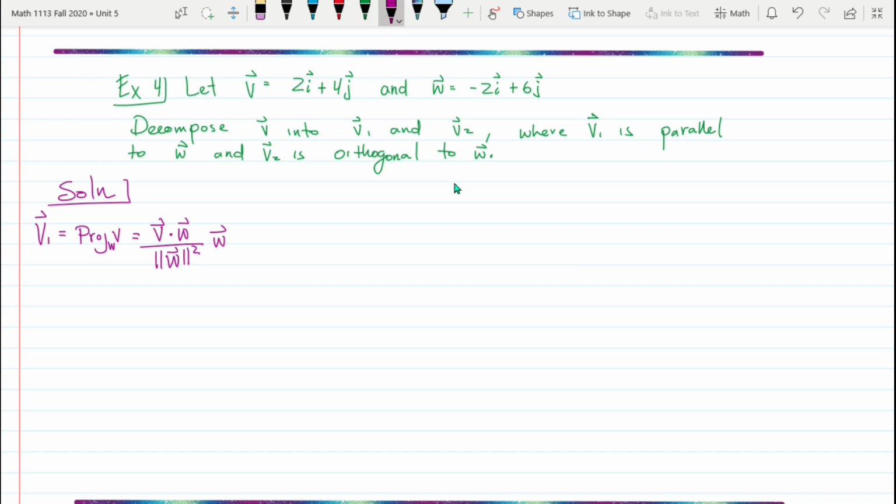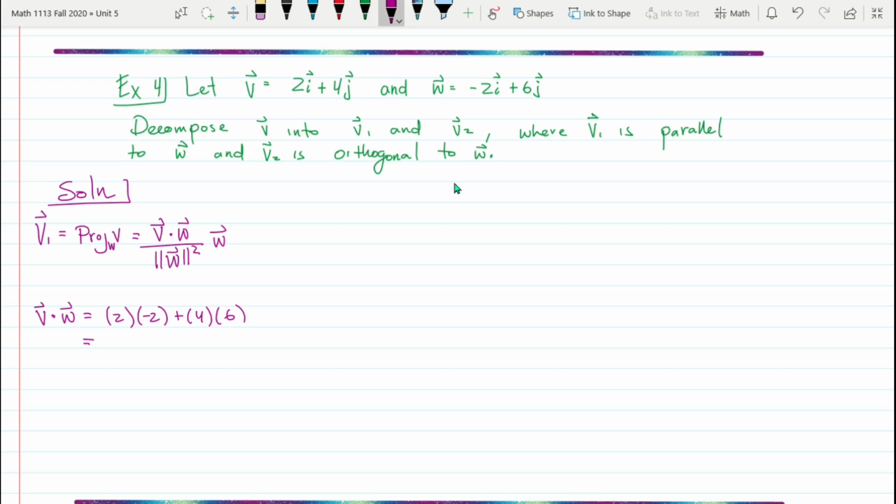So let's do those things separately. So v dot w is the same thing as 2 times negative 2 plus 4 and 6.